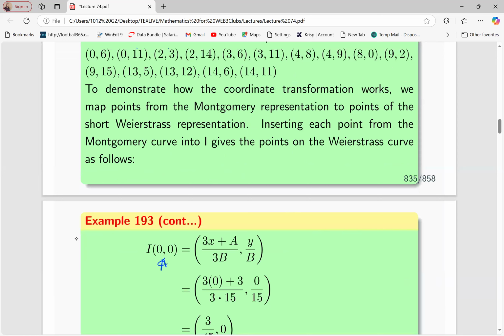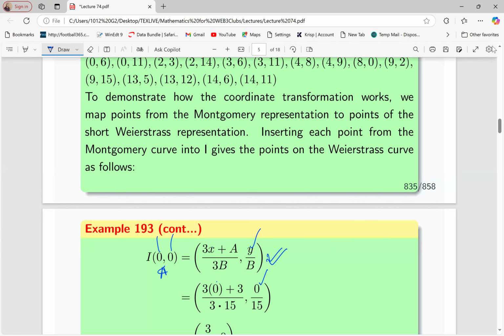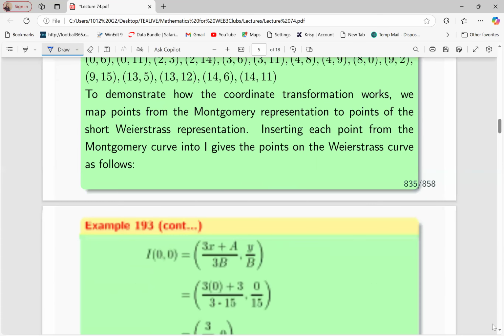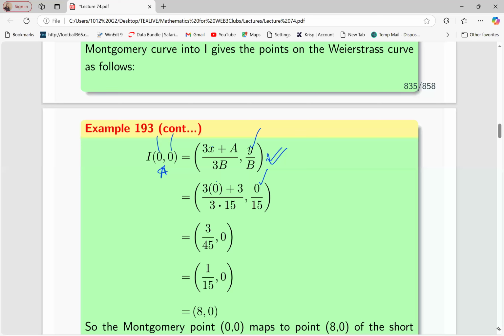And the formula is this. This is our X and this is our Y. So where there is X, I just put the value of X, and where there is Y, I put the value of Y. Of course, our Montgomery equation is just above here, where B is 15 and A is 3.